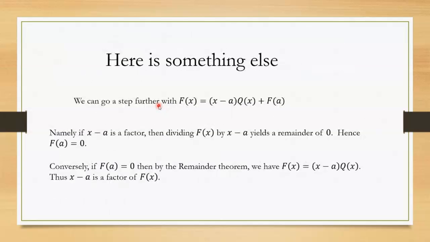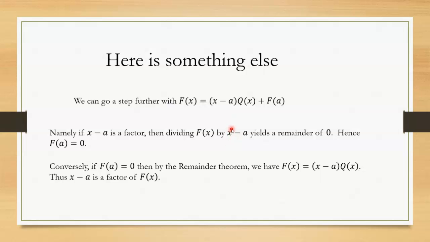Okay? And we can actually go a step further with this and get what is called the factor theorem. Namely, let's say x minus a was a factor. Well, for this to be a factor, if you were to divide capital F of x by x minus a, your remainder has to be 0, right?